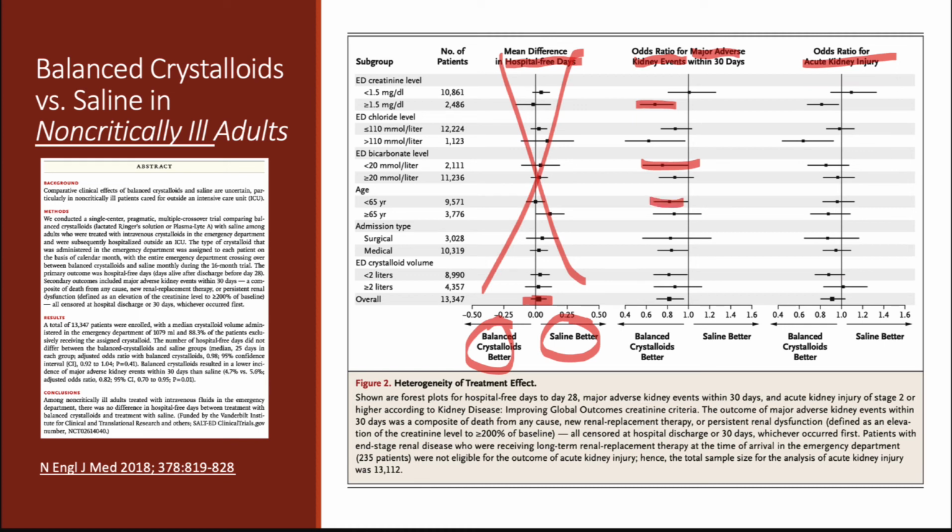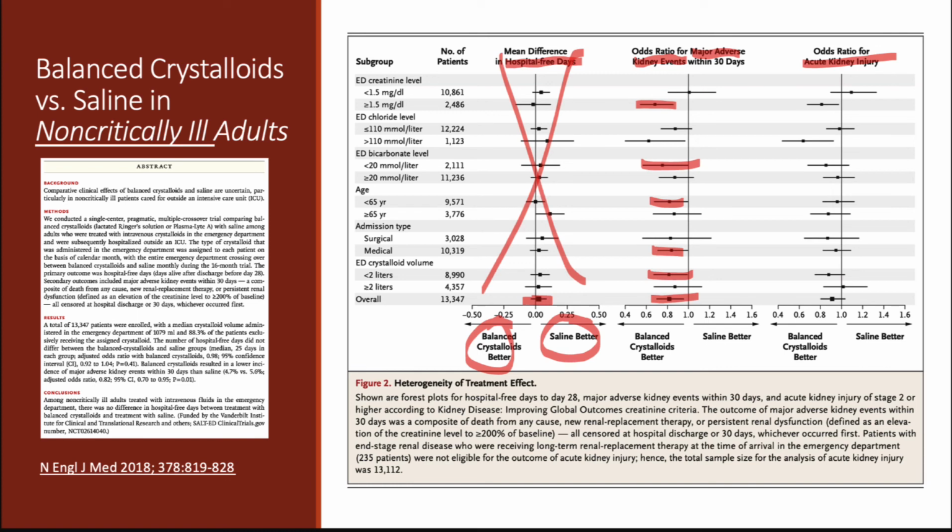When the age was less than 65, when the patient was a medical patient instead of a surgical patient, and when the crystalloid volume was less than 2 liters, those patients all did better in terms of major adverse kidney events when they got balanced crystalloids versus saline. And that was true all through the groups as well. Okay, so overall, patients did better with crystalloids than saline with regard to the major adverse kidney events at 30 days.